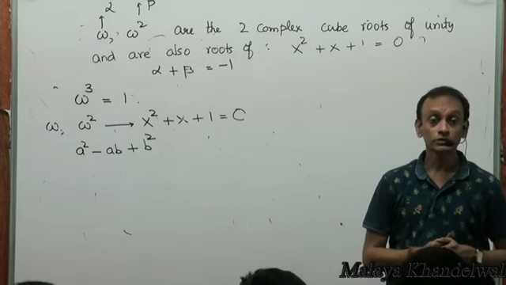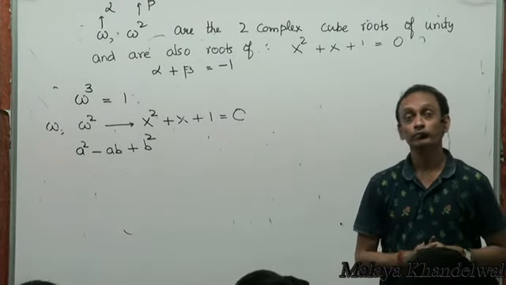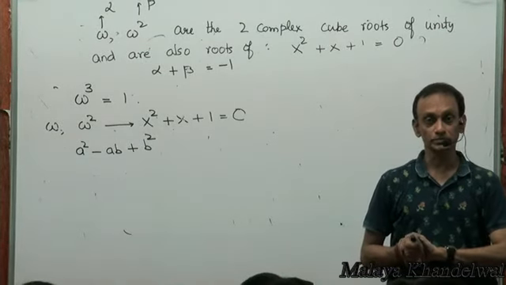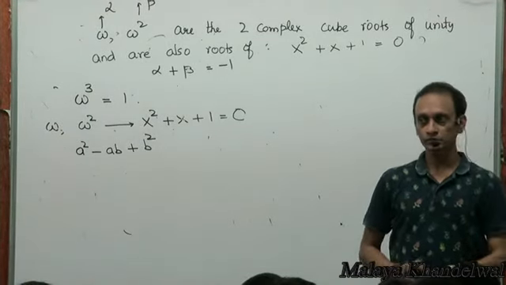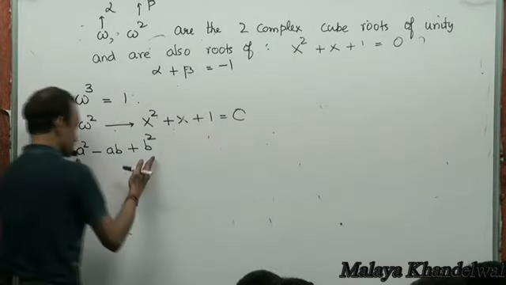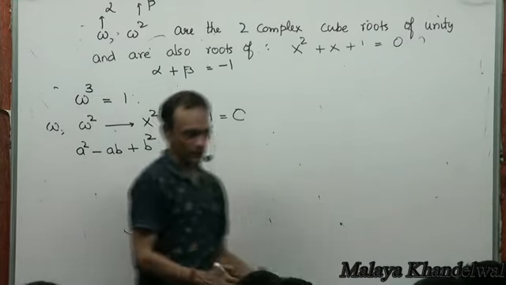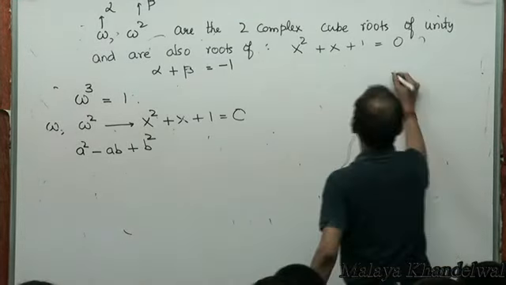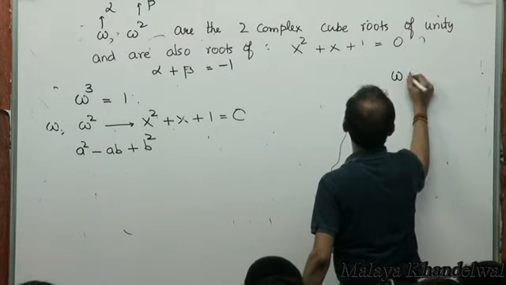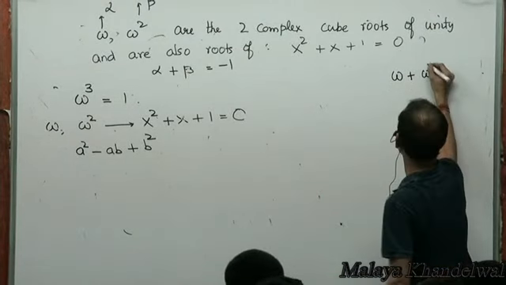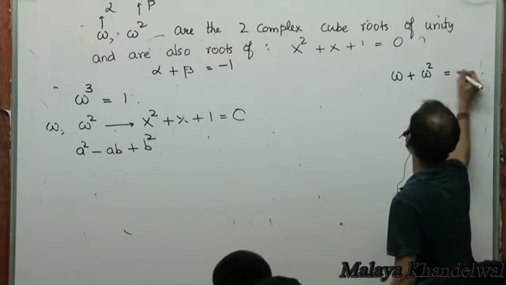I'm sure you couldn't find a way to factorize this when you were in junior class, because you were not equipped enough. But now, if I had to factorize this and were given the liberty to use complex numbers, then realize that omega plus omega squared, if omega is a cube root of unity and omega squared another cube root of unity, must add up to minus 1.